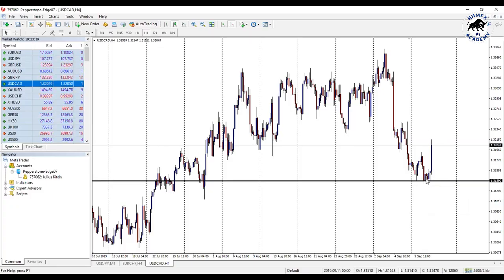All right, guys. So this is a support. You draw support at this point, at this zone.